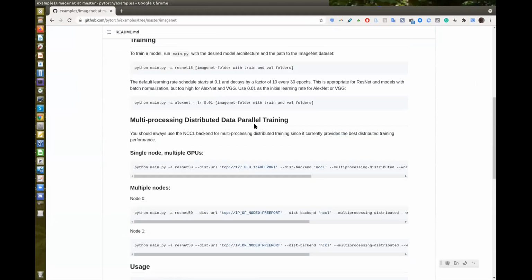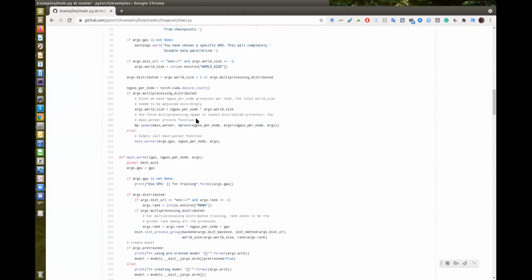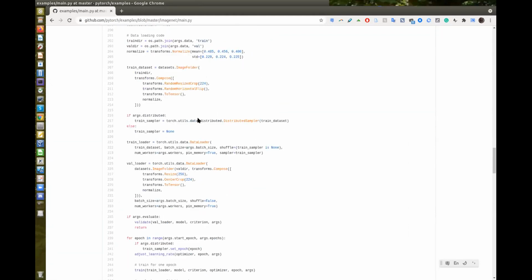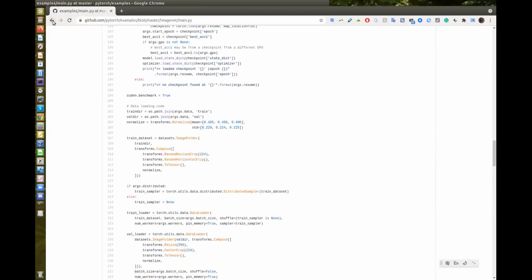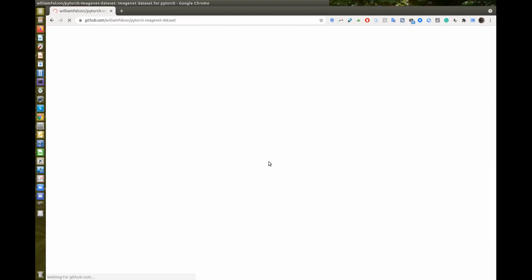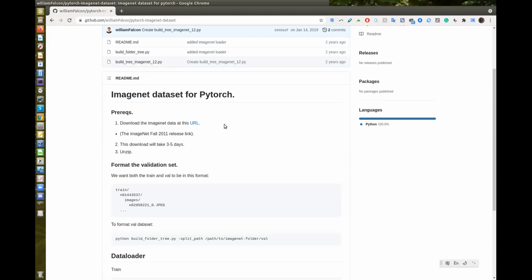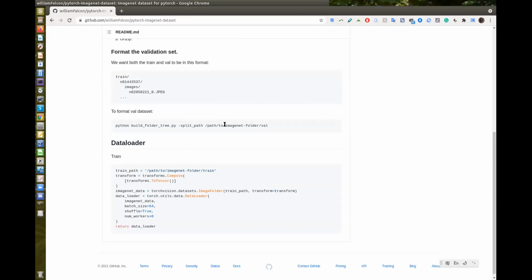This may not be a good one. Maybe you need to go into the code. For example, you can take a look at an example like this.